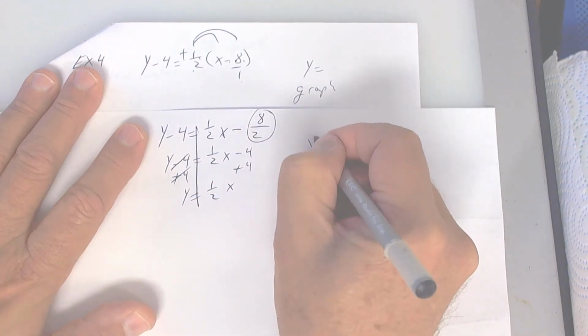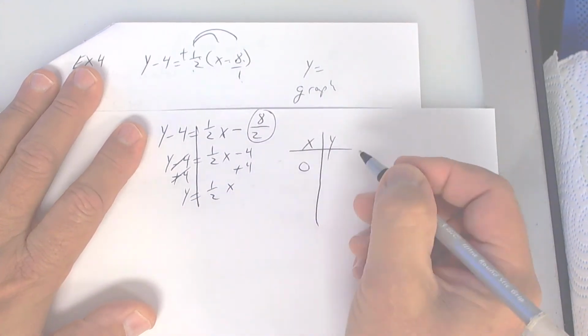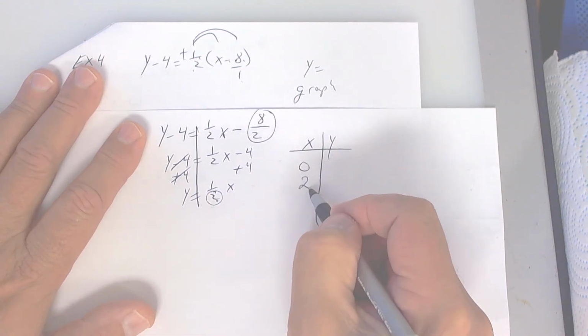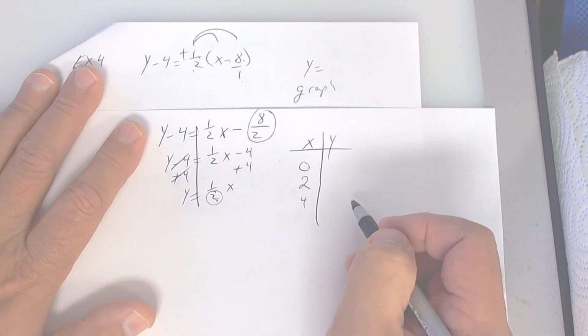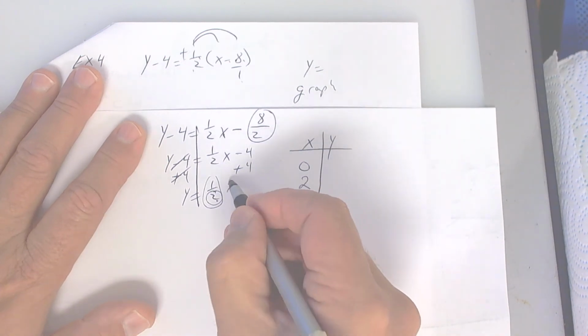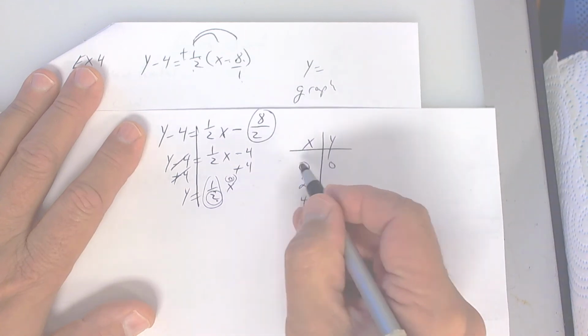Now, make a table. I always use 0. Since my denominator is a 2, I would use 2's and 4's and 6's, anything that 2 goes into. So 1/2 times 0 is still going to be 0.